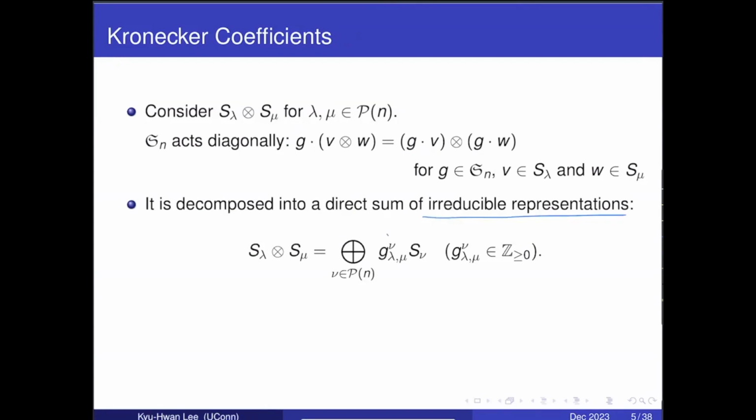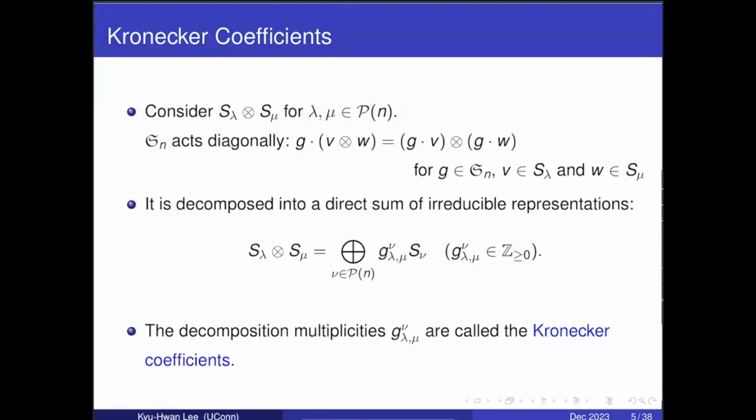And then we have the multiplicities of irreducible representations S nu. These multiplicities are Kronecker coefficients. The decomposition multiplicities are called Kronecker coefficients.